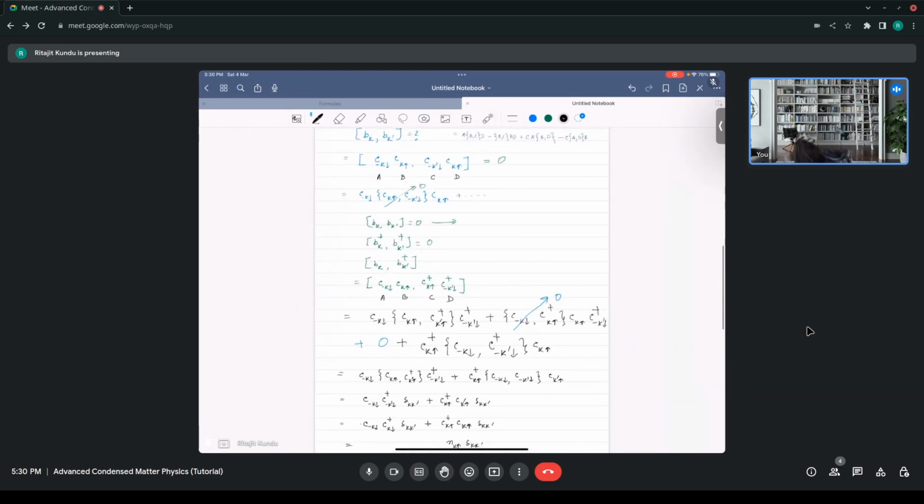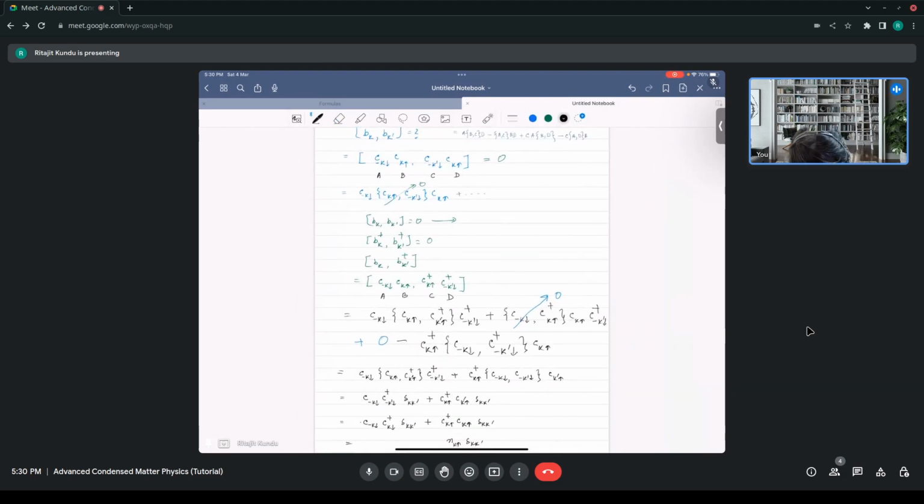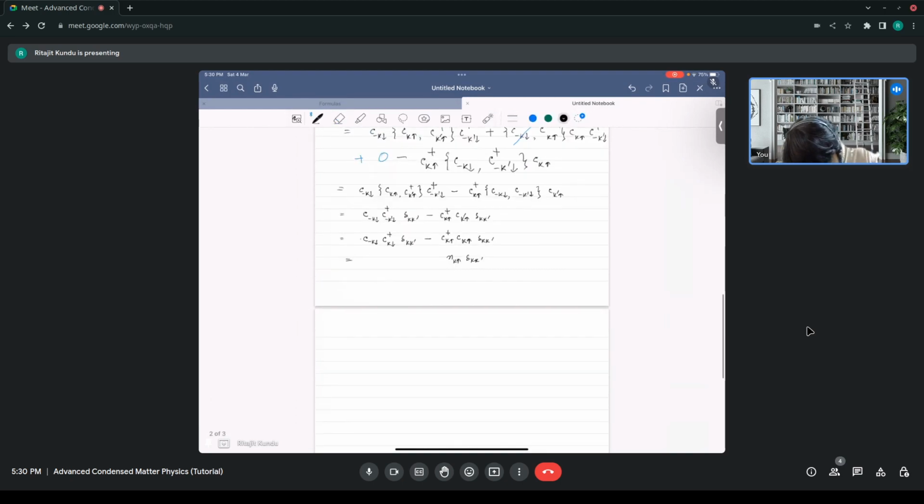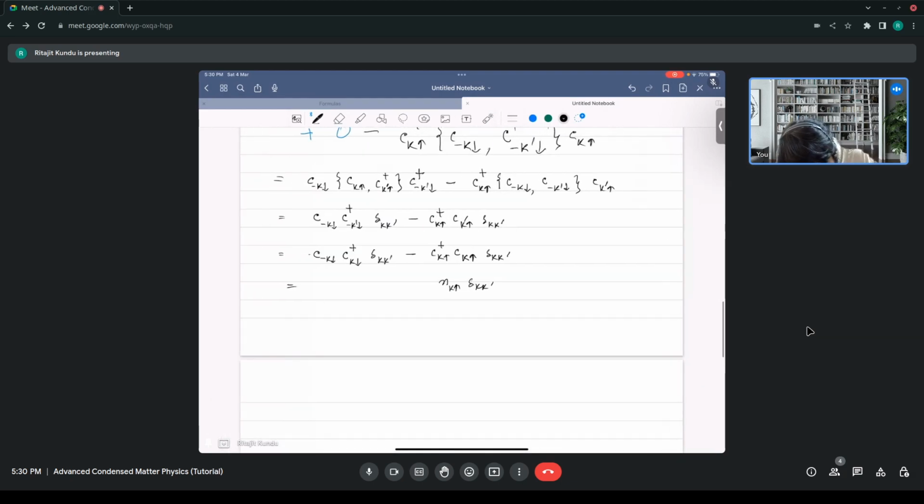I have actually messed up a minus also, so the second term is actually minus. Now this will work out. Then I can flip this c k dagger, and this will give me 1 minus c k down dagger and c minus k down with a delta k k prime.